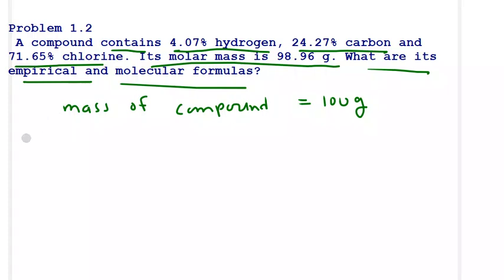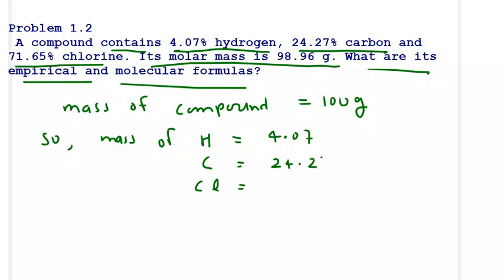So similarly, mass of hydrogen, carbon and chlorine equal to 4.07, 24.27 and 71.65.